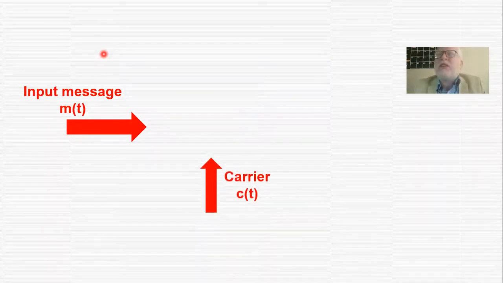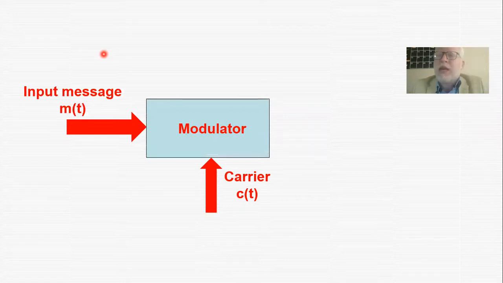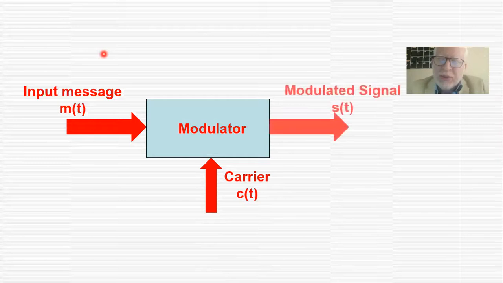The second input is the carrier, which is analog all the way, and we actually proved that the best carrier signal is a sinusoidal signal. And the block under test is the modulator. Here we have the output in the form of a modulated signal, which we usually abbreviate as s(t).